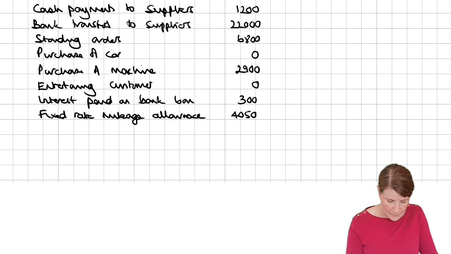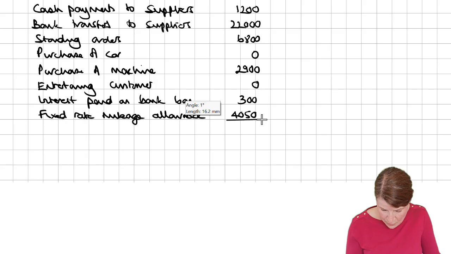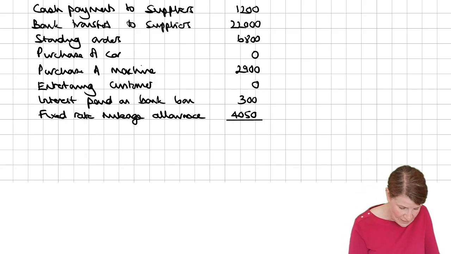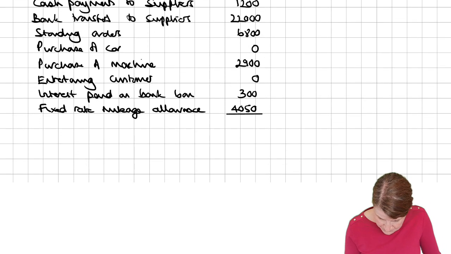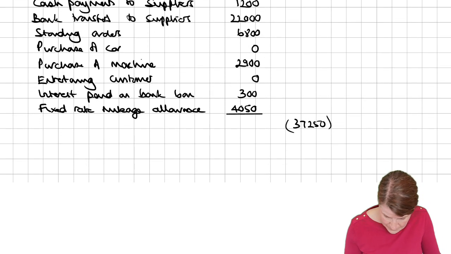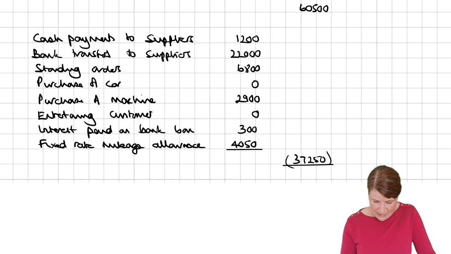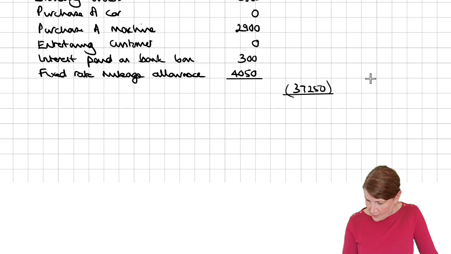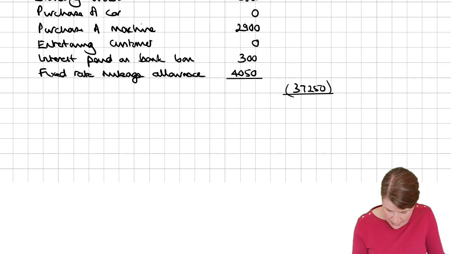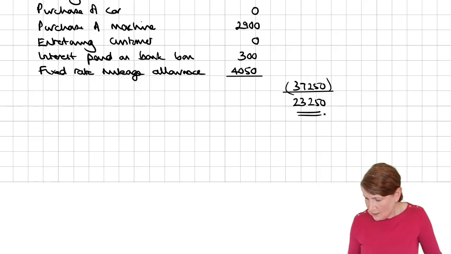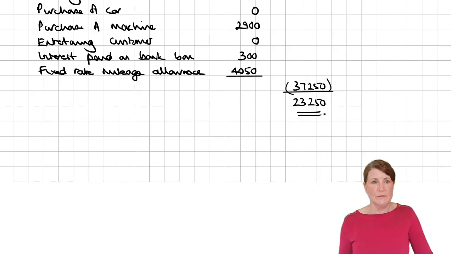So we add all that up, that works out to be 37,250. So we've got trading income less trading expenses, and that works out to be, surprise, surprise, 23,250. The exact same figure as before, but just two different ways of approaching it.